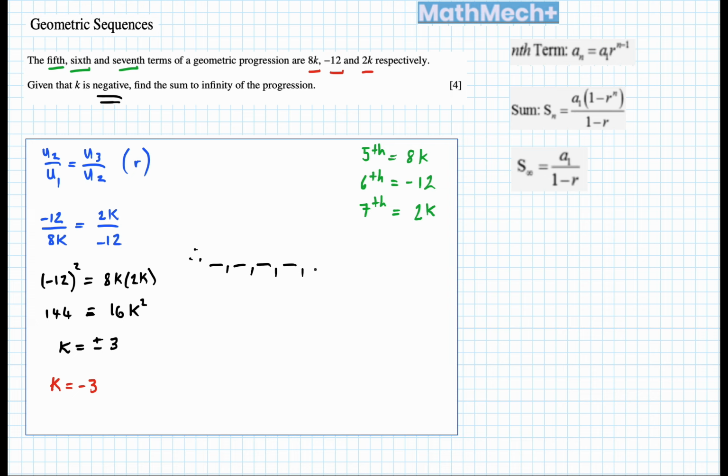So 3, 4, 5, and then we have our sixth. 8 times k, 8 times minus 3 is minus 24. Minus 12 is our sixth. And 2 times minus 3 is, of course, minus 6.